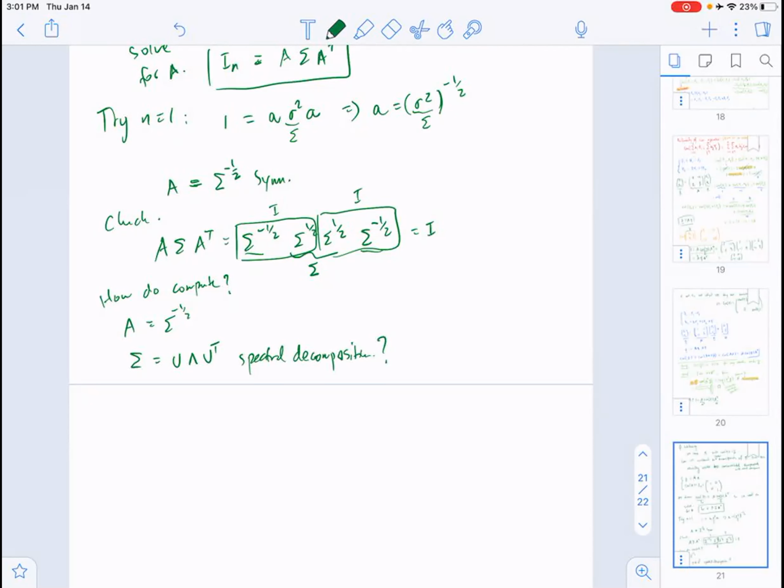Yes, the matrix can be written as the spectral decomposition.